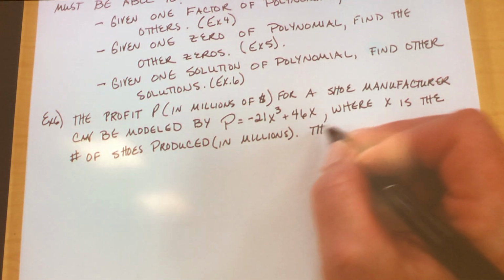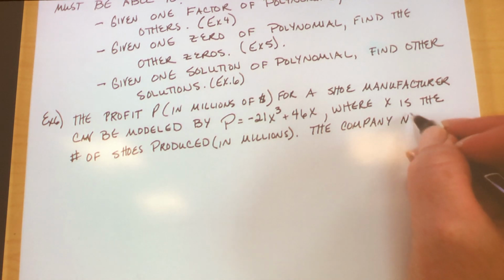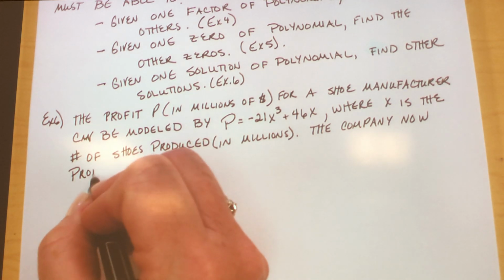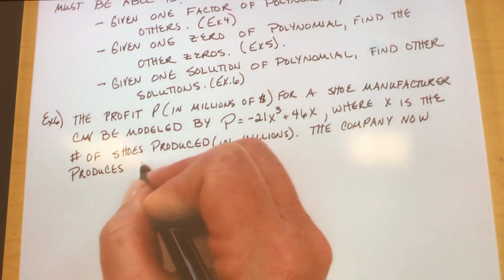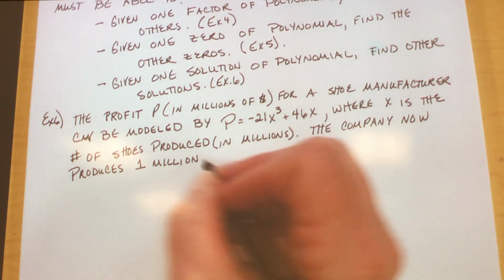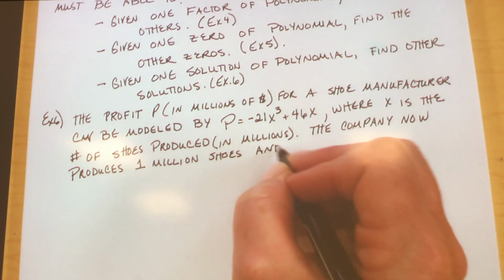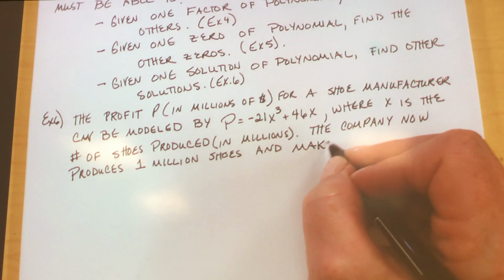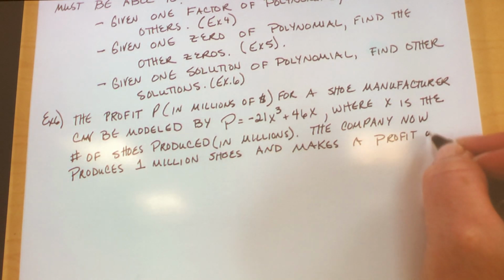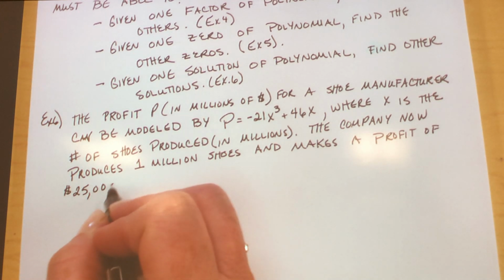The company now produces 1 million shoes and makes a profit of $25 million.